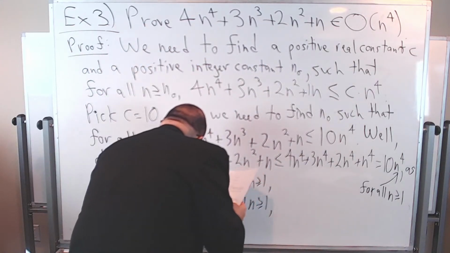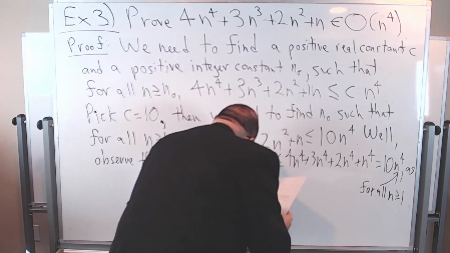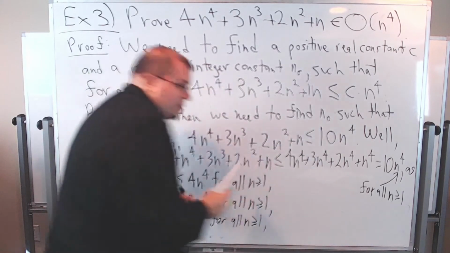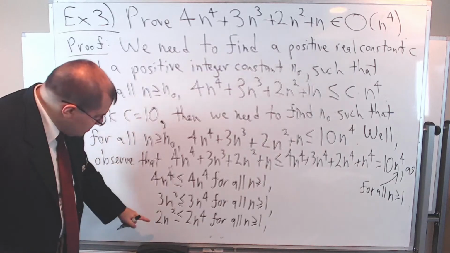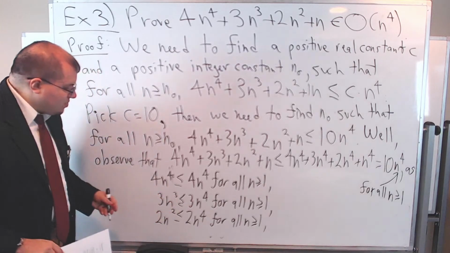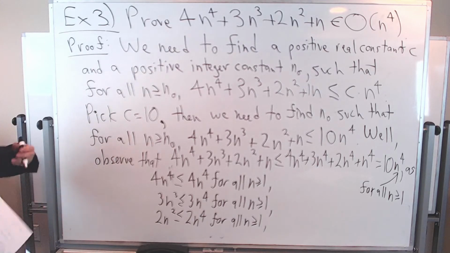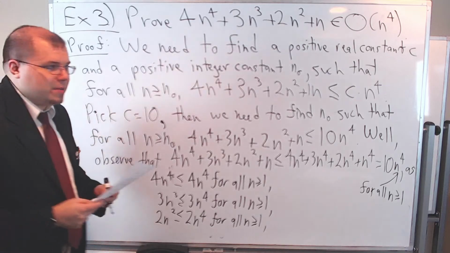Okay, 2n squared is less than or equal to 2n to the 4 for all n greater or equal to 1. Same idea. Divide both sides by 2n squared, and you would end up with n squared is greater or equal to 1, which naturally should imply that n is greater or equal to 1 in the context of what we're talking about here.